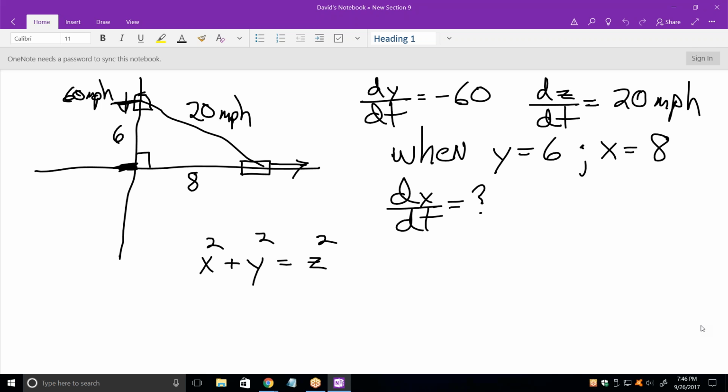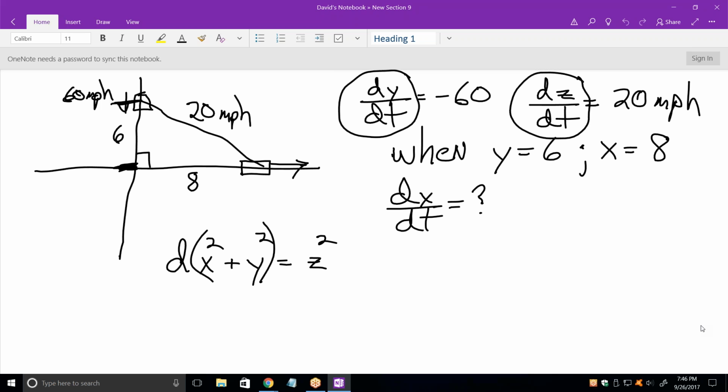Okay? Now, what have they given us? They've given us dy dt. They've given us dz dt. What do we have to implicitly differentiate everything by? By dt, right? In other words, I want to differentiate the left side, but I want to do it relative to dt.